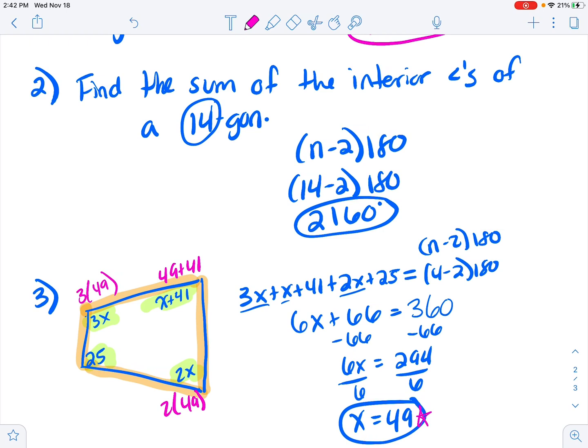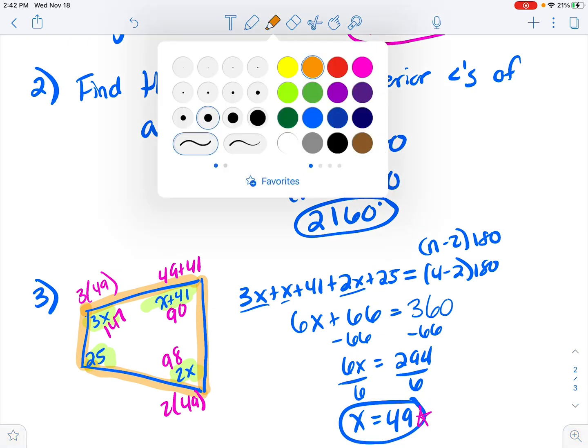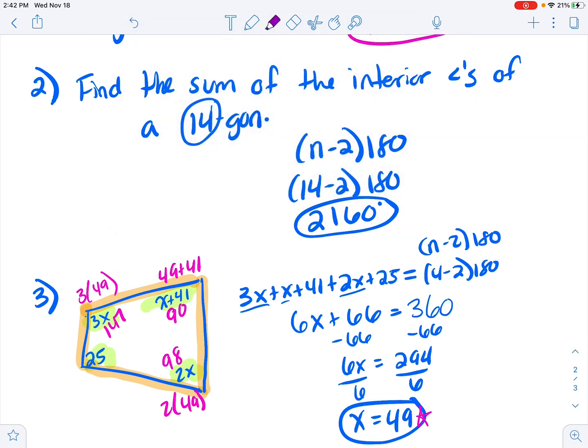So then we can find each angle. 3 times 49 is 147, so this guy would be 147. 41 plus 49 gives us 90. And then 2 times 49 gives us 98 for this angle. So if we added all of these together, 147, 25, 90, and 98, we would end up with 360 degrees.